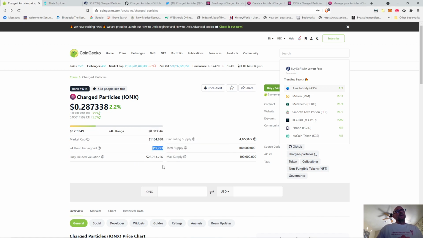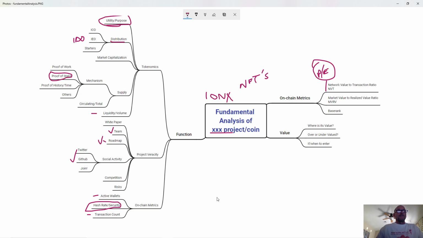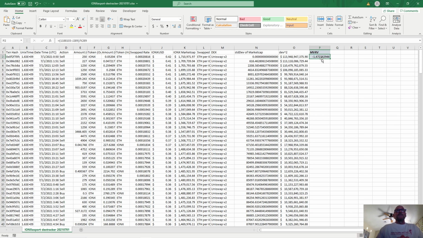Its realized market cap would be the price of the coin when it was traded, times how many coins were traded. So that's slightly different, and you do need to use a spreadsheet to get that. I think I calculated that all right with this, and that's basically its market cap minus that average price.